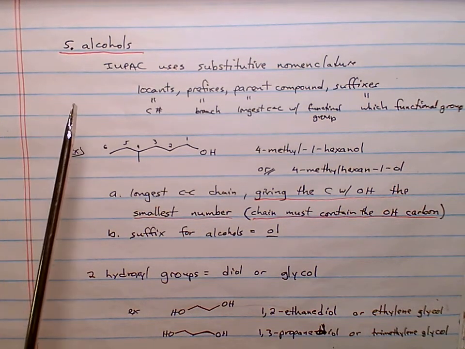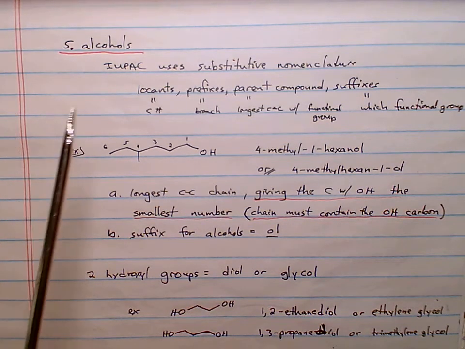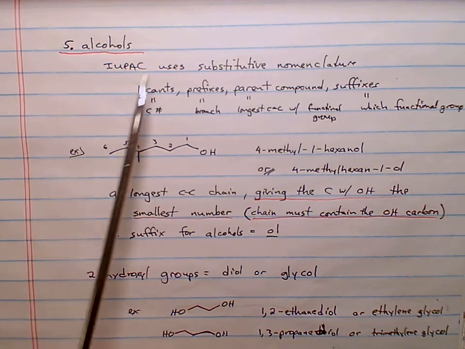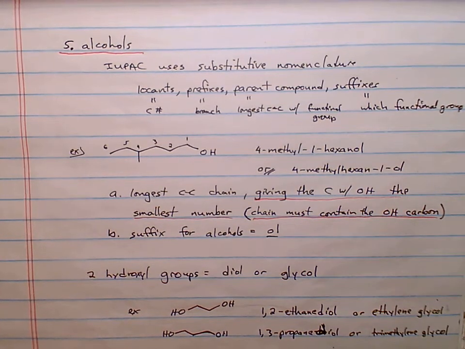Something very important, IUPAC treats halogens, chlorine, bromine, and iodine, as just a branch. A halogen is just a branch. Alcohols are not just branches. They are the parent of the molecule.